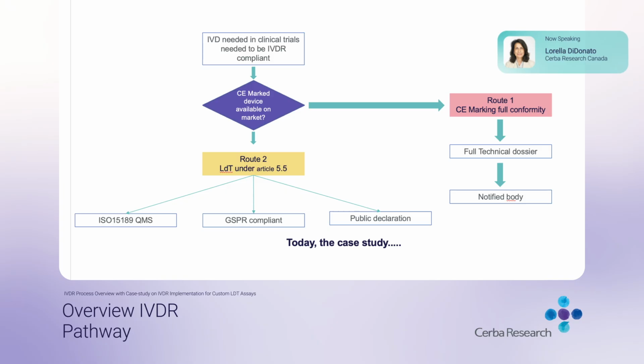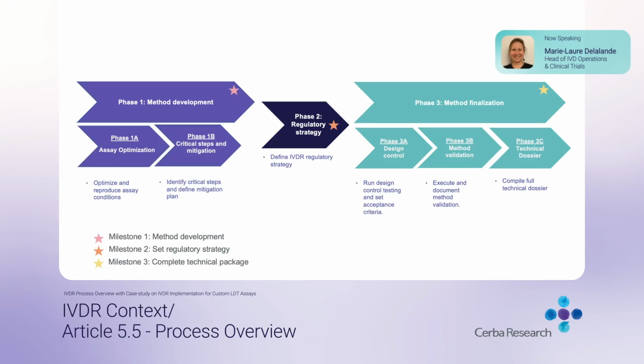I will now present the IVDR context under Article 5.5. The slide gives you the map for today's case study. We have 3 phases here. Phase 1 is about method development. Start by optimizing and reproducing the assay, then identifying the critical steps that could cause variability. Phase 2 is the strategic pivot.